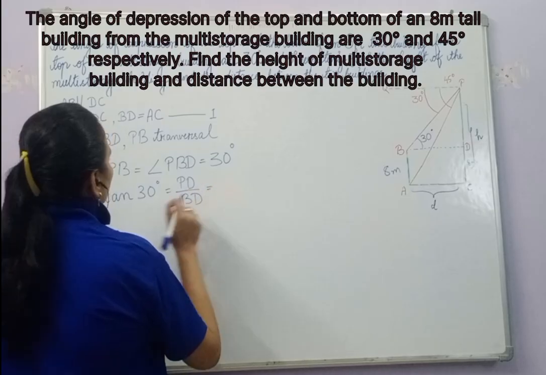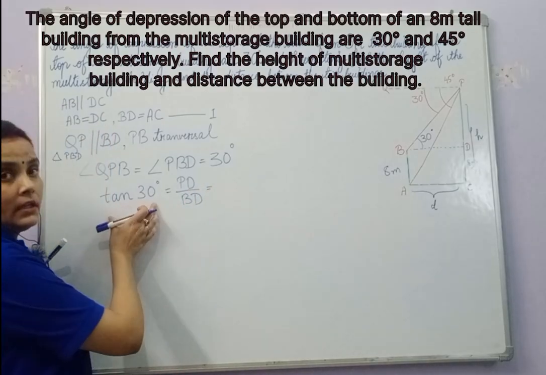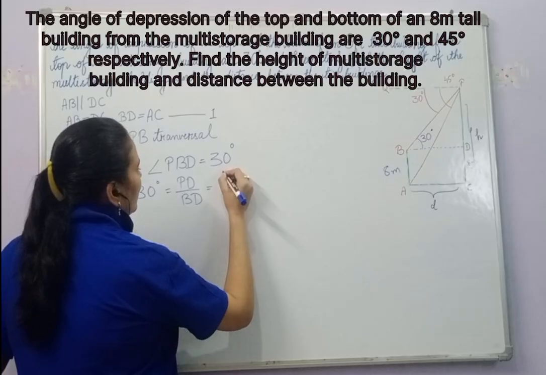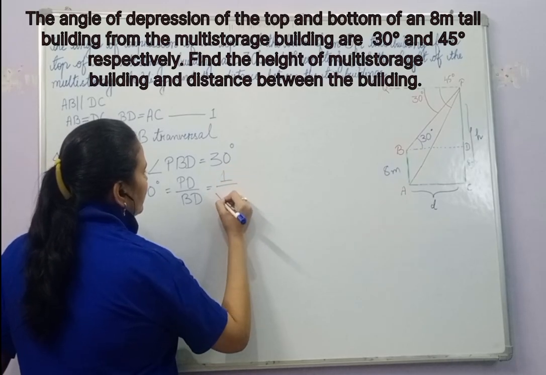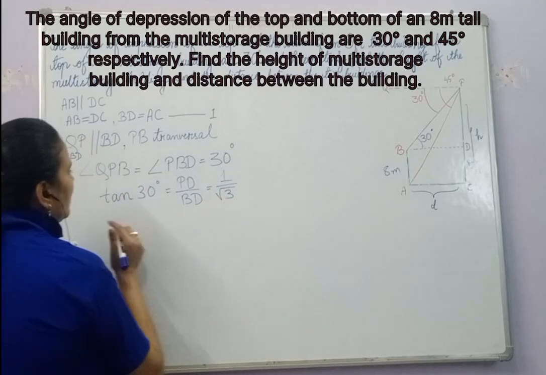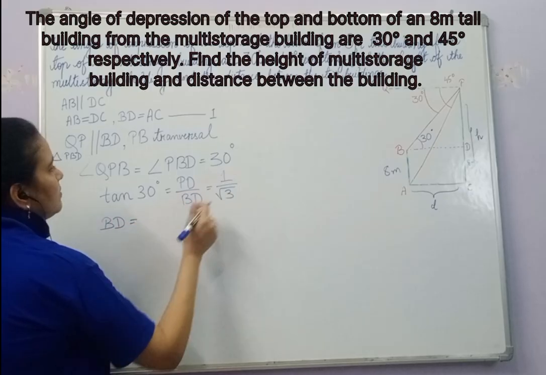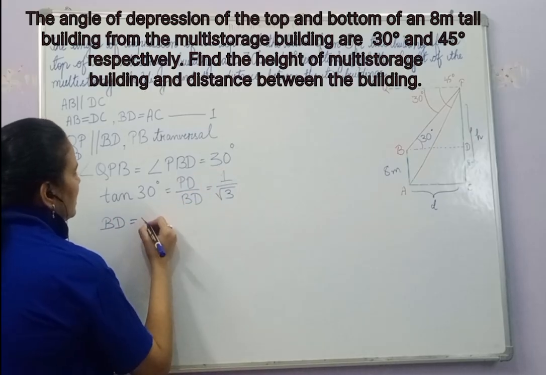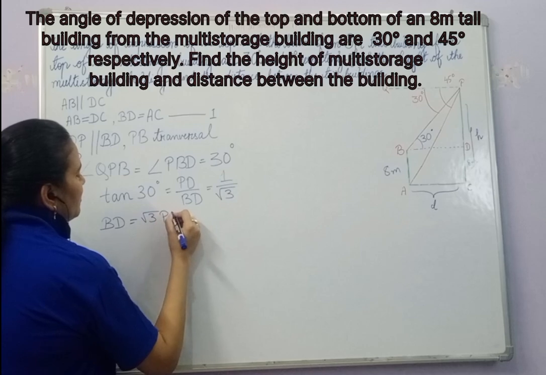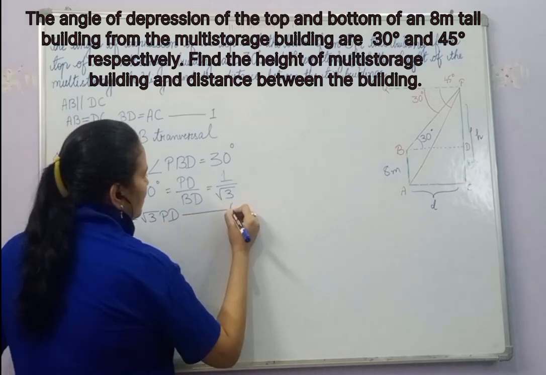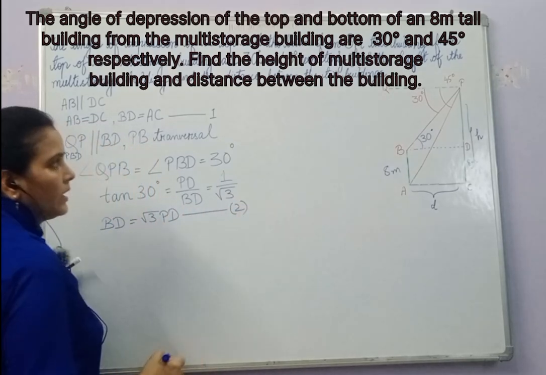Right? So tan 30 degree, what is the value? 1 upon root 3. So we get BD is equal to, by cross multiplication, root 3 times PD. So this we will mark as 2.